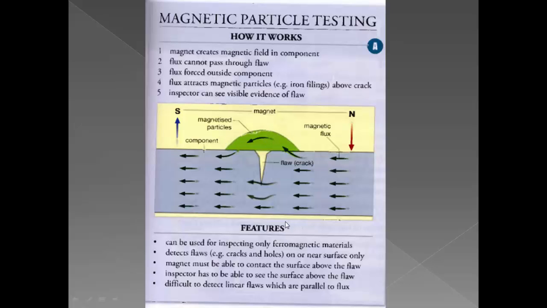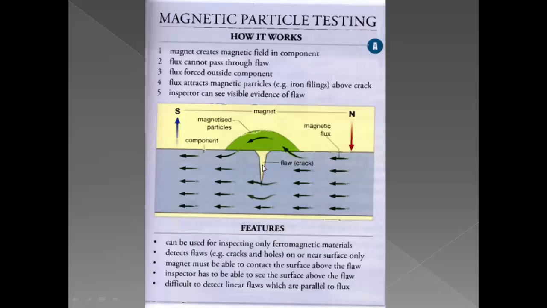You can see visible evidence, which may be illustrated as an alarm or some kind of sign. Features of this testing method: it can be used for inspecting all ferromagnetic materials. The first point: it detects flaws, cracks and holes on or near the surface only. So it means near the surface only, not deeper. In the surface area you can find the break by testing.